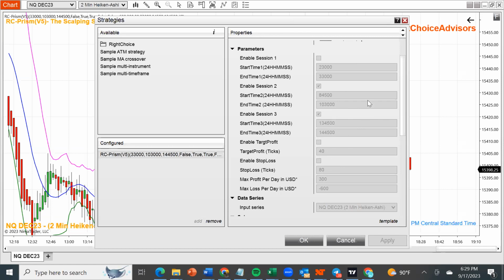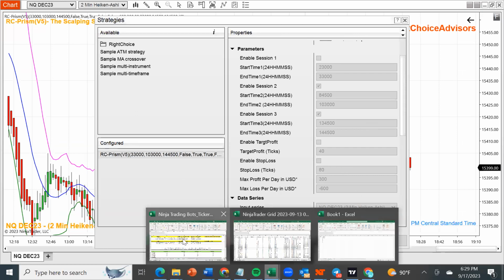So you don't need to worry and keep the bots enabled for the entire day and lose all the gains you're making. After a few days, instead of 300, change it to 350, or 350 to 400. Slowly you can increase the daily target goals. But to start with, you have 300 for CL and NQ, and for all the other tickers you can use 200.